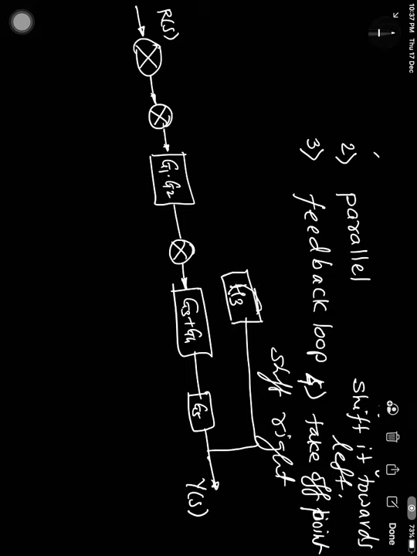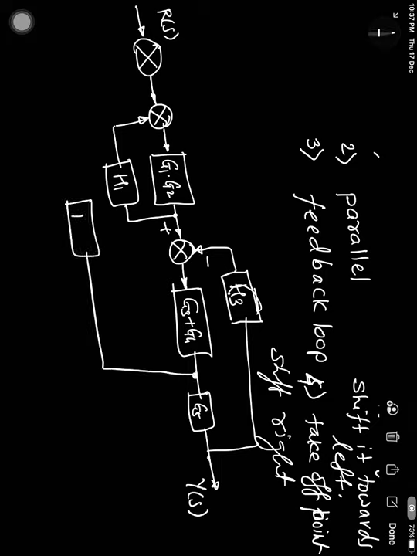So the diagram was like this: H3, minus, this was plus, and there was one closed loop, that is H1, which we were taking from here, and one more loop, H2, we're taking it to this.